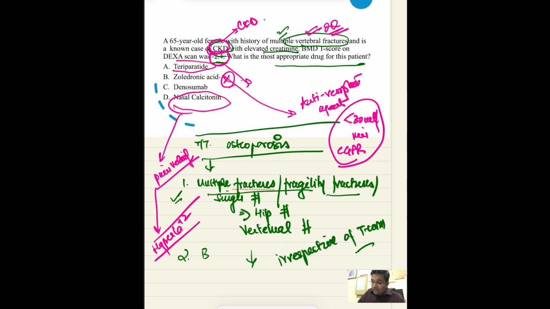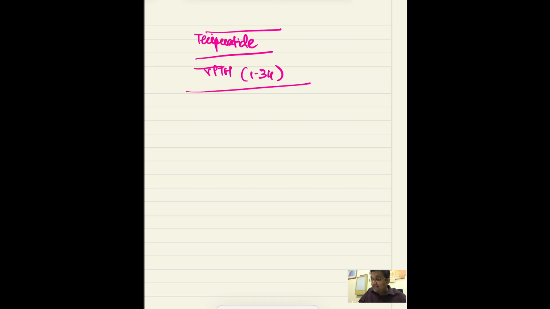Coming on to teriparatide and denosumab. These are the two wonder drugs. Teriparatide is recombinant PTH 1 to 34, and this has to be given subcutaneously, 20 microgram per day, for a maximum of 2 years.